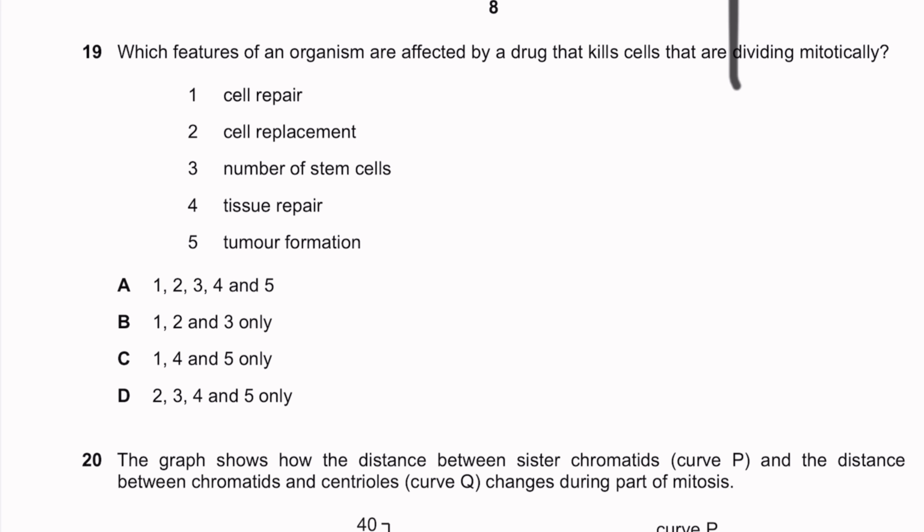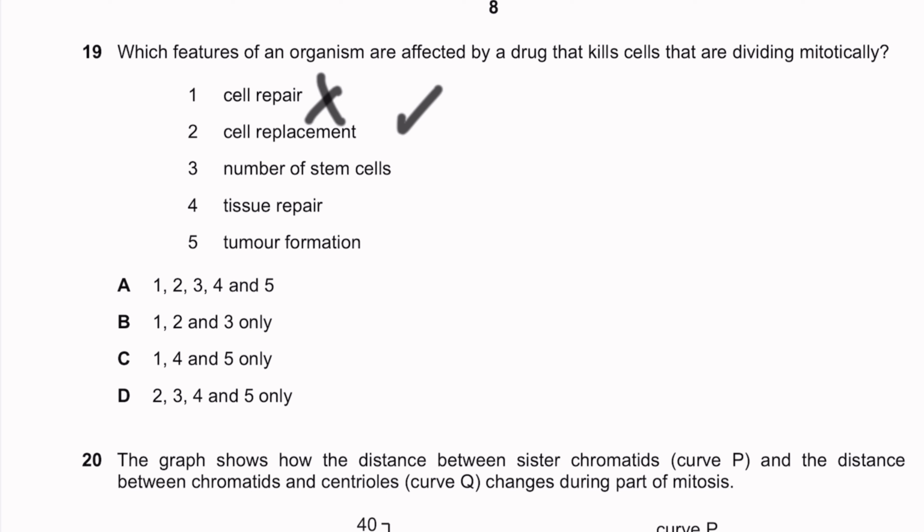Which features of an organism are affected by a drug that kills cells that are divided mitotically? Interesting. So we have cell repair, cell replacement, number of stem cells, tissue repair, tumor formation. Okay, so let's see. The functions of mitosis are actually not cell repair. It's cell replacement, because mitosis is going to be cell division. The cell is going to divide and basically replace the damaged cell.